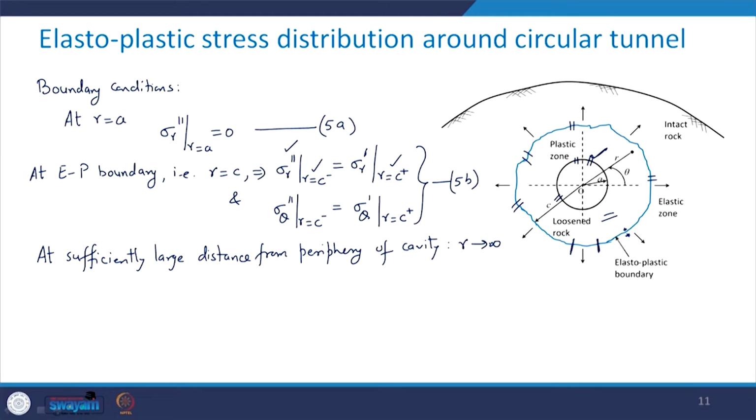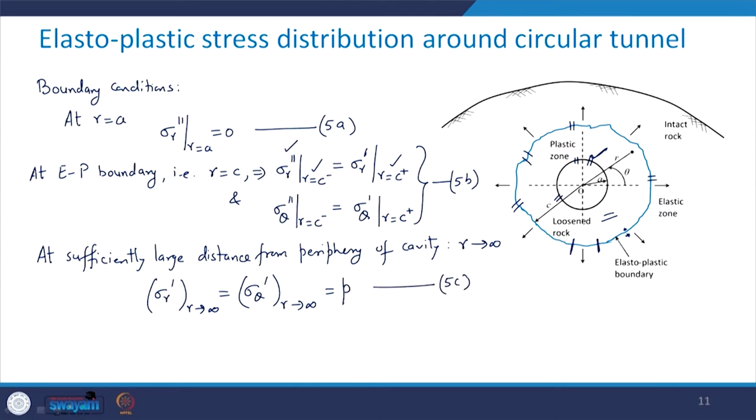We have seen in the elastic analysis that at r tending to infinity, the stresses are going to be equal to the in situ stresses. So, we can write that sigma r prime at r tending to infinity will be equal to sigma theta prime at r tending to infinity, which is equal to p. Make this equation 5c.